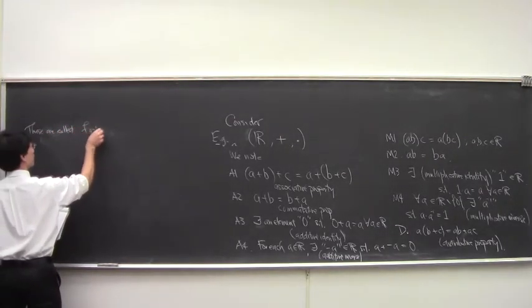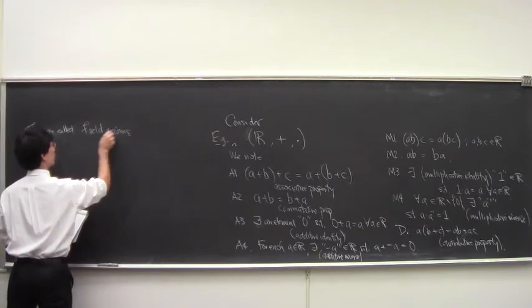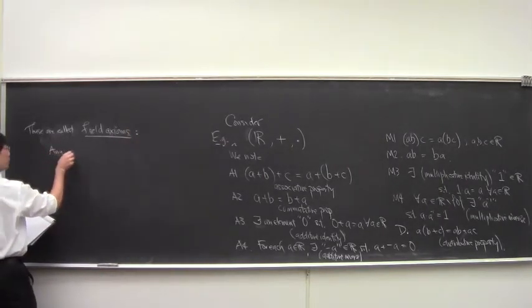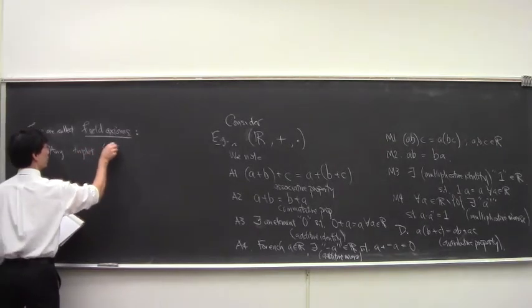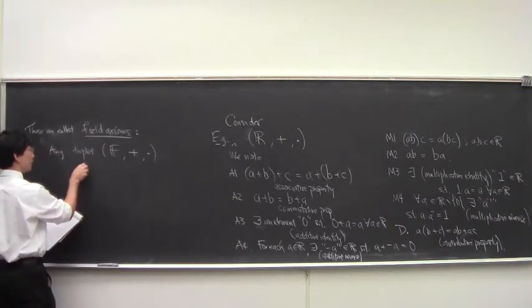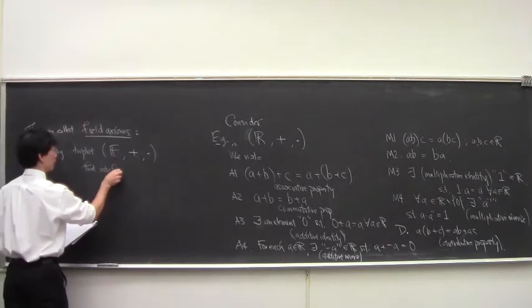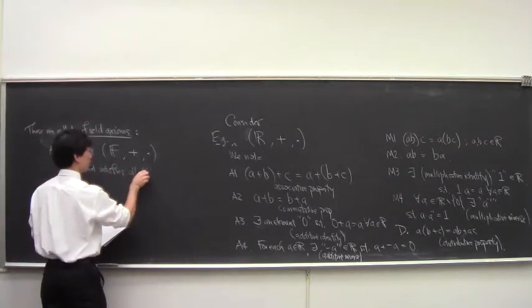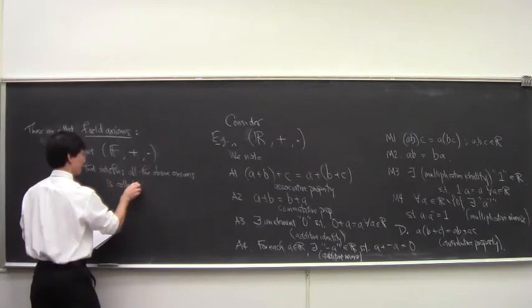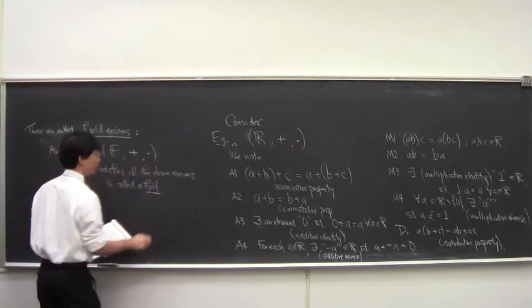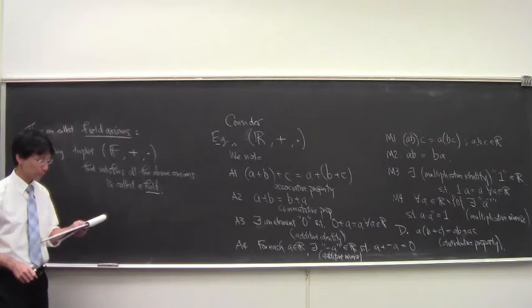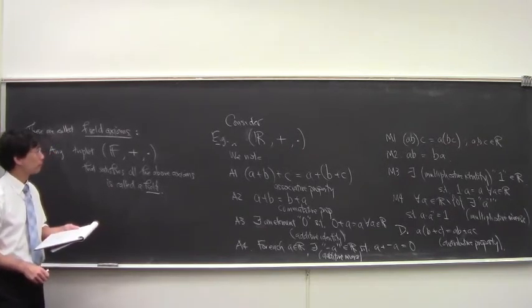Any triplet of a set and some multiplication and some addition that satisfy all the above axioms is called a field.